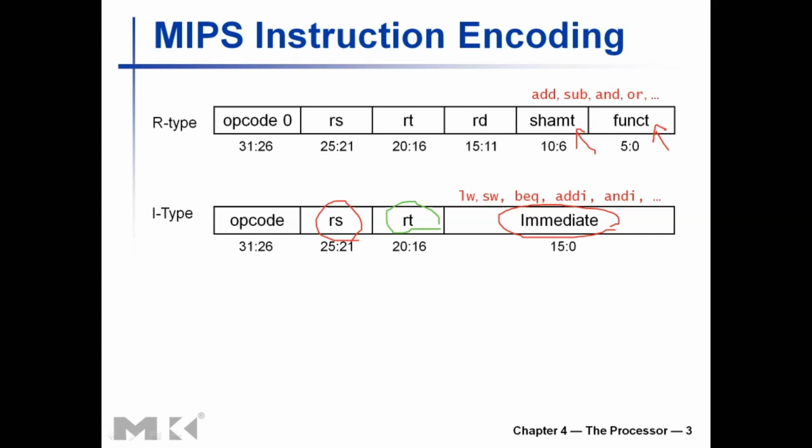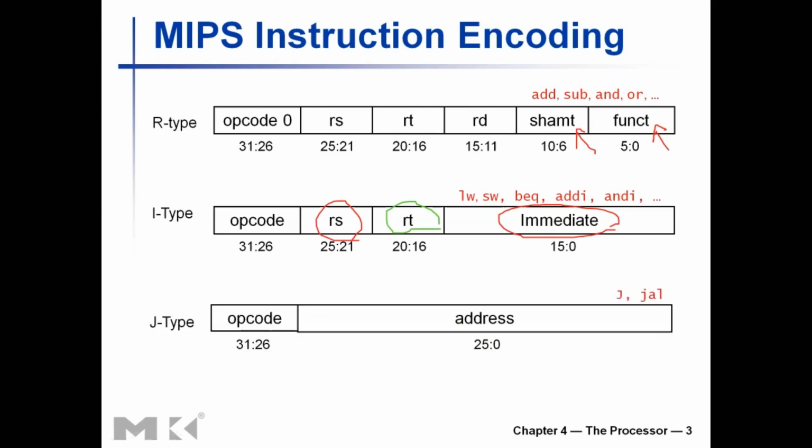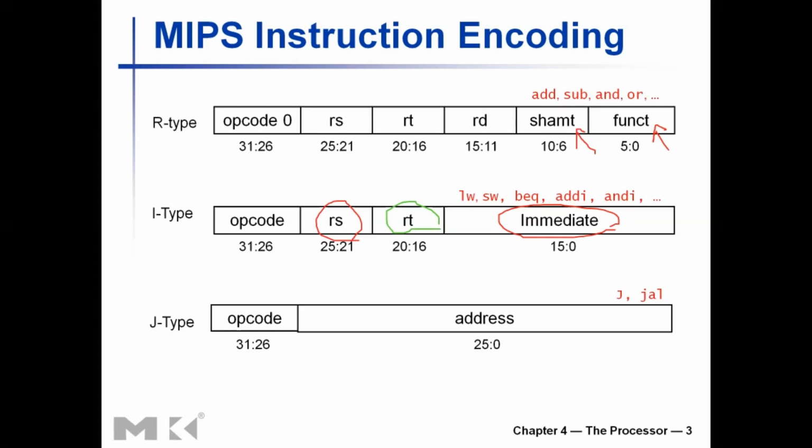And next is J-type instructions. Very simple. We only have 2 different instructions, J and JAL, jump and jump and link. The opcodes for them are, if I remember correctly, numbers 2 and 3. 2 is jump, 3 is jump and link.